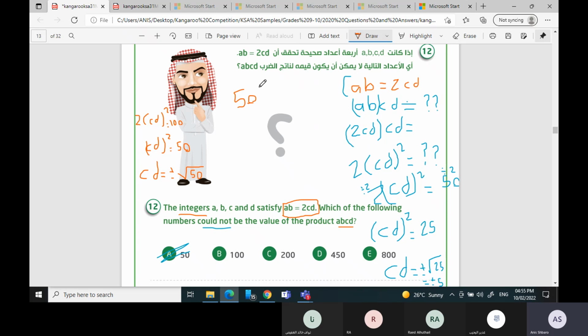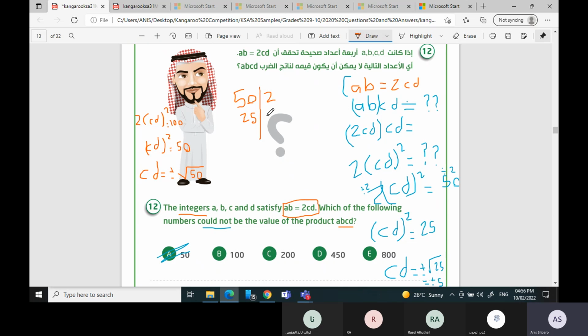So first of all, we're going to write 50 and we're going to test how many numbers are multiplied to get 50. Okay, so 50 divided by 2 is 25. 25 cannot be divided by 2, cannot be divided by 3, because the sum of the digits is equal to 7.